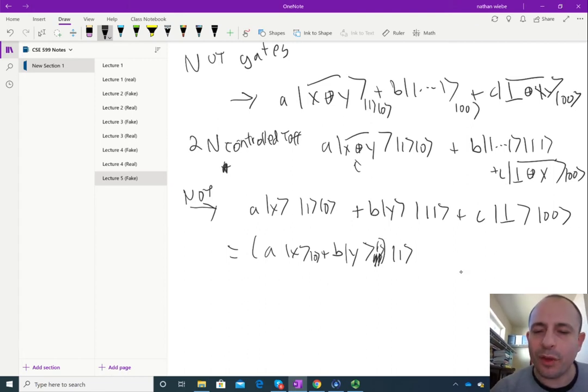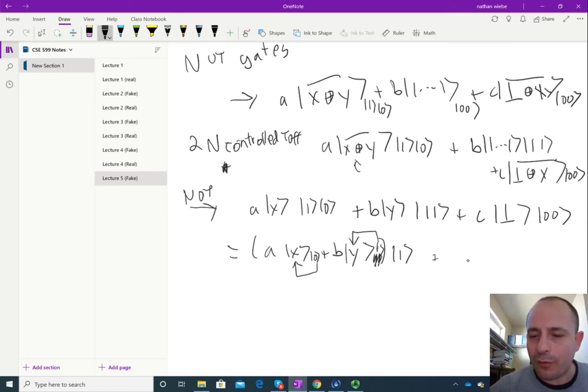Okay, so now that I've written it this way, I want to show one thing. What I can do is, from this particular value, I know that 0 has to be paired with x, and 1 has to be paired with y here.